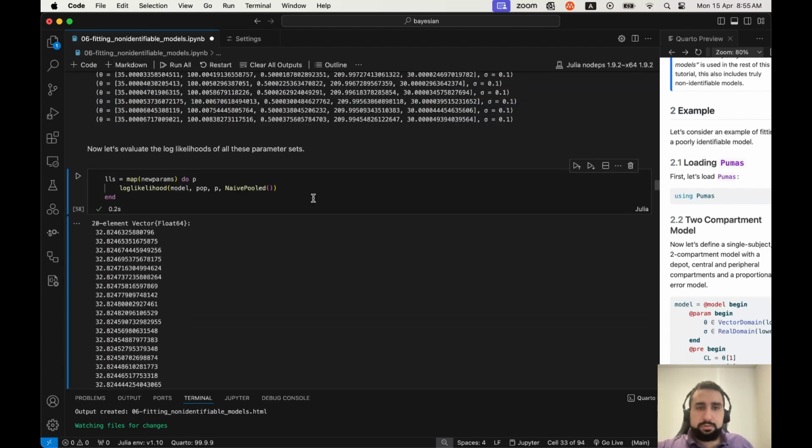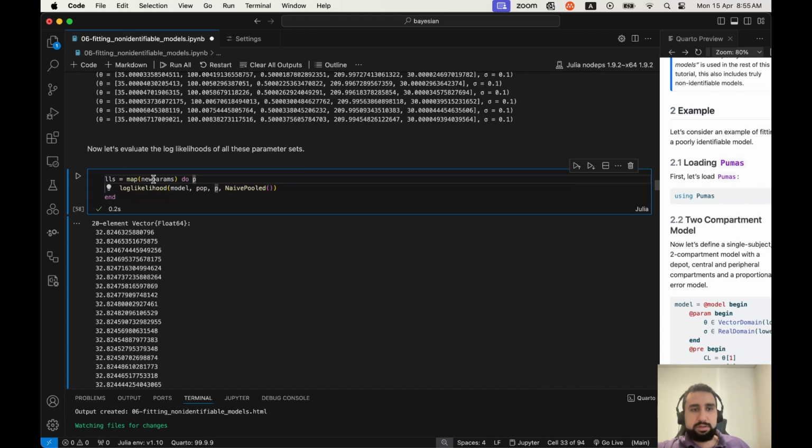The way we compute the log likelihoods at all these different parameter values is using this syntax here for the map function. You can call the function map in Julia with this syntax, which we sometimes call the do block syntax, or the map do syntax. Basically you can read this as just a for loop.